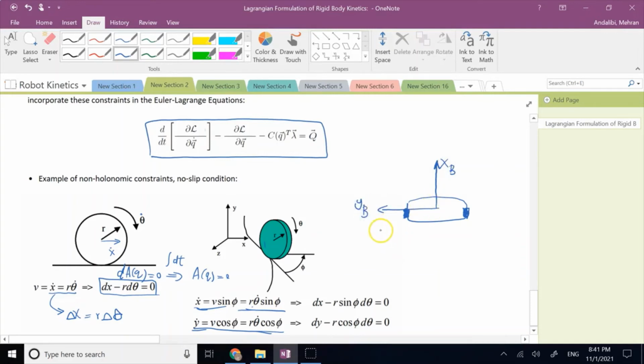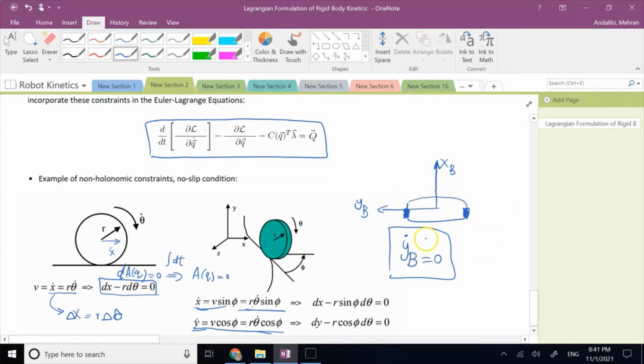So you can show that it is like y dot of b equals 0, which you can also describe in terms of the inertial frame xi and yi, and the angle theta. And in that direction also, this no slipping condition, no lateral motion, will be something that you cannot easily integrate and convert into your x and y of the inertial plus the theta, the orientation of the chassis.